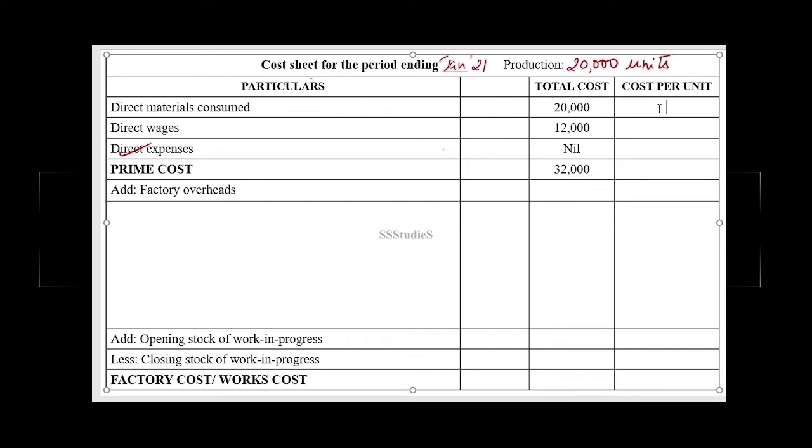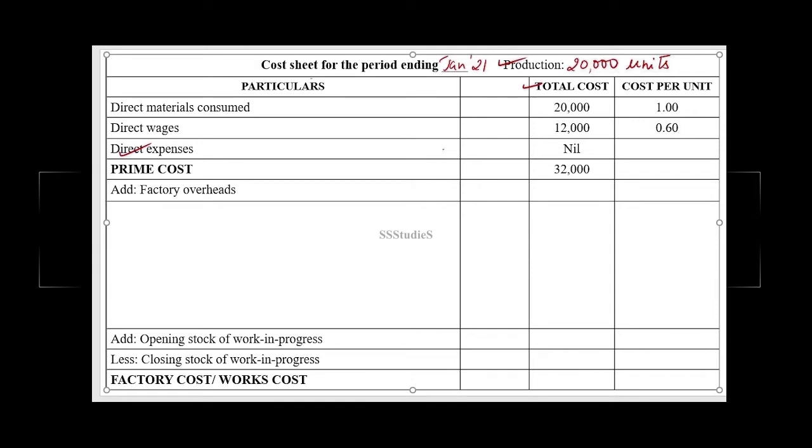We can also find out cost per unit. How do we find out cost per unit? Total cost divided by production. Total cost divided by number of units produced will give cost per unit. So direct materials consumed is 20,000 divided by 20,000 units. So that comes to 1 rupee. Direct wages 12,000 divided by 20,000 units, that comes to 0.60.